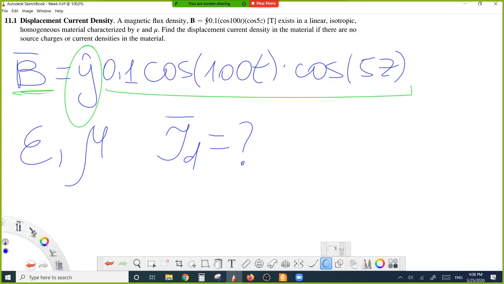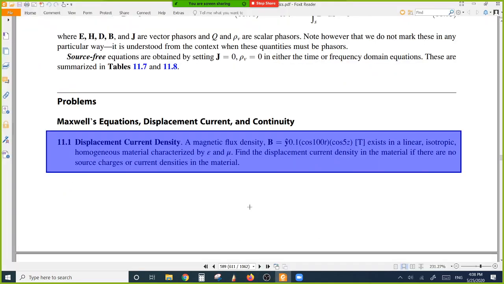First of all, let's look at Maxwell's equations.